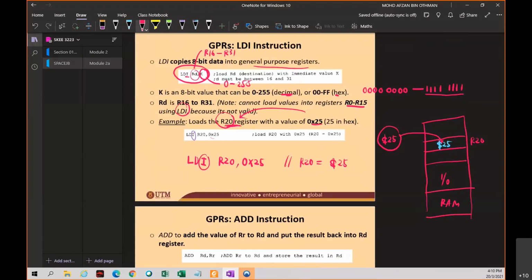Okay, kalau kamu nampak 0x ataupun $ sign, benda yang sama, that value is dalam hexadecimal. But by default, untuk AVR kita pakai 0x. Okay, so this is the standard lah. Okay, sometimes you can see the $ sign, tapi untuk standardize kita pakai 0x untuk represent hexadecimal number.